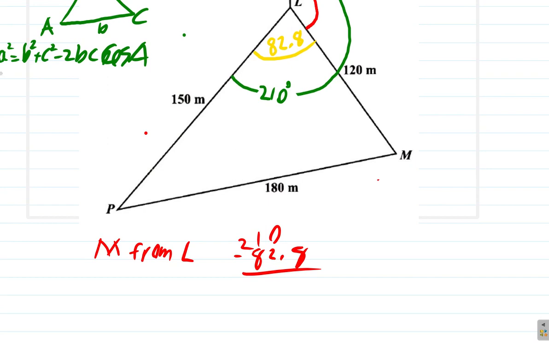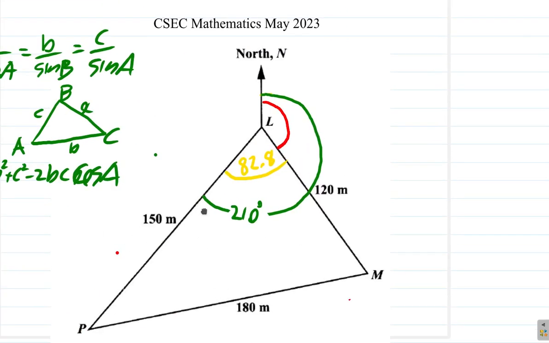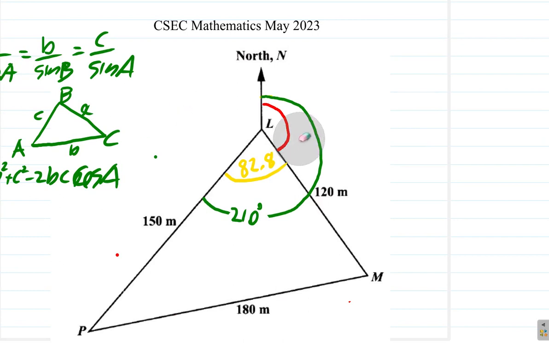So we have 127.2 degrees. So this is 127.2 degrees.